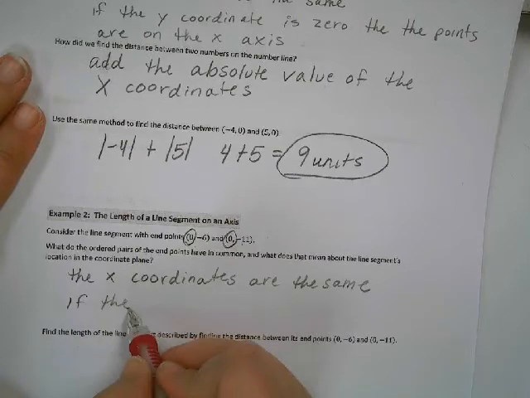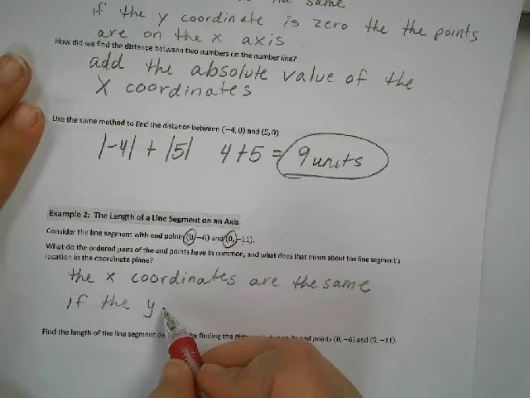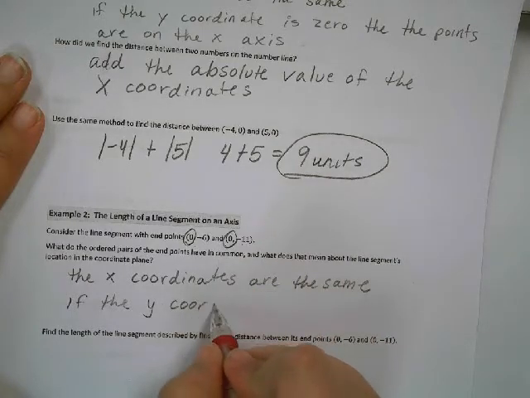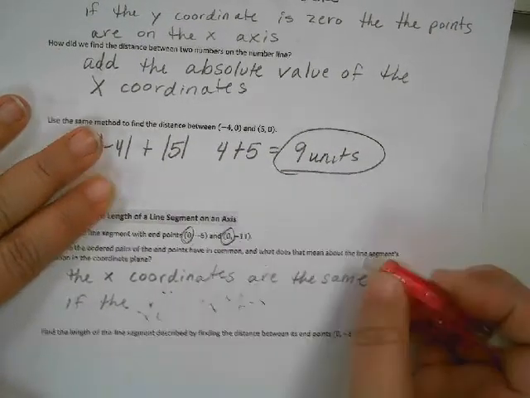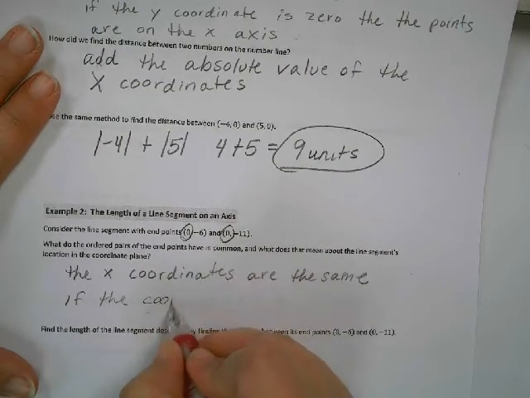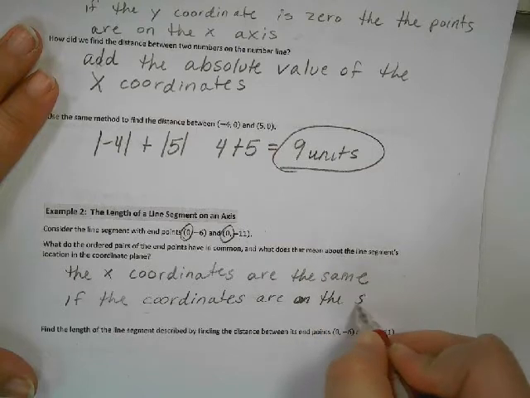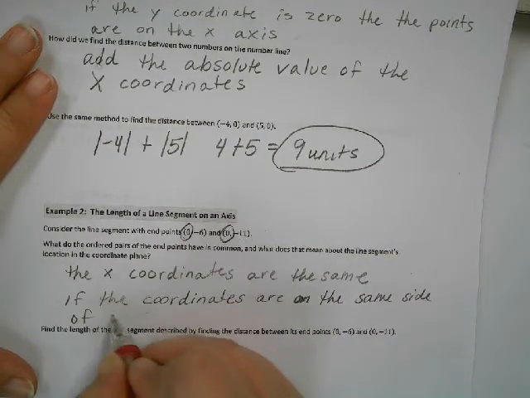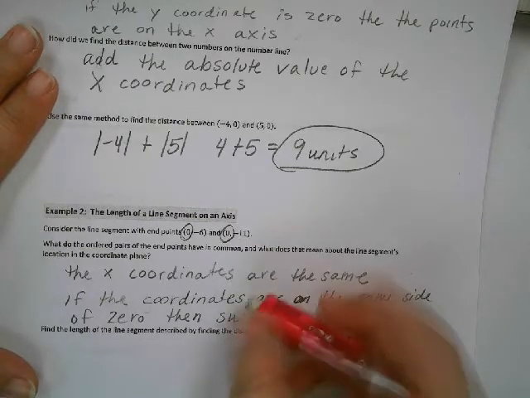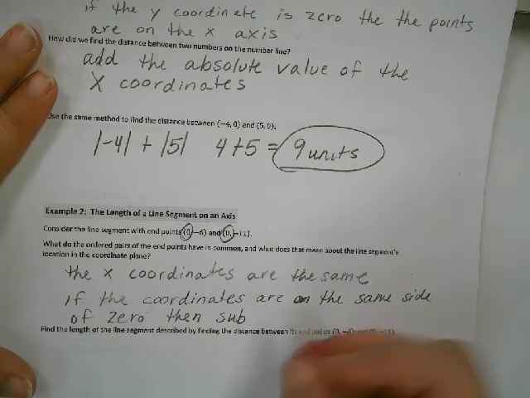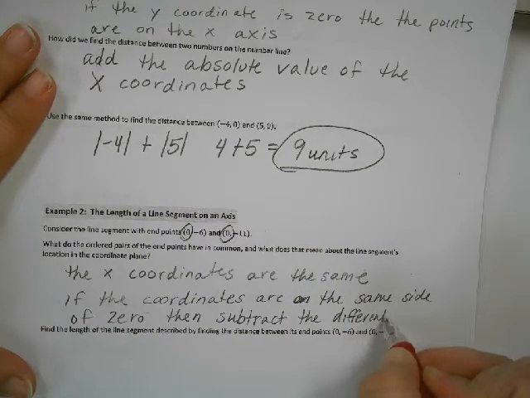So if the coordinates are on the same side of 0, then subtract the different coordinates.